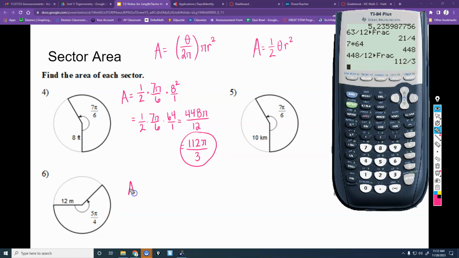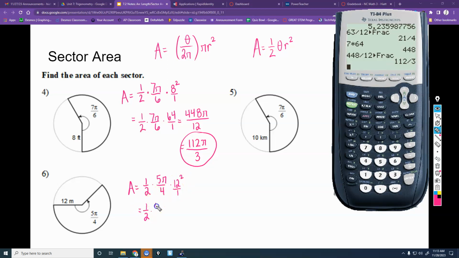For 6, I would do 1/2 times my angle, which is 5 pi over 4, times my radius squared, which is 12 squared, and I'm going to put that over 1. So again, I like to go ahead and do that square first so it doesn't get messed up.